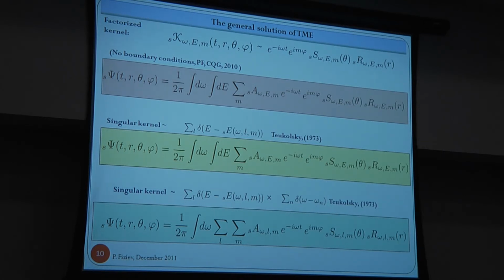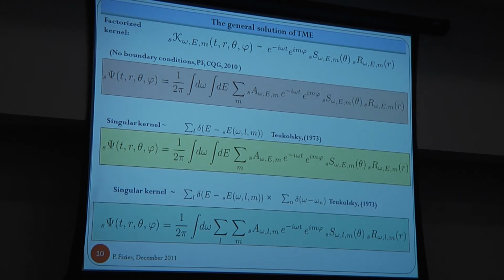But before doing this, I can show you how to present the general solution of the Teukolsky master equation using the partial solutions of the ordinary differential equations. This is the standard Teukolsky formula in which he was using definite boundary conditions.